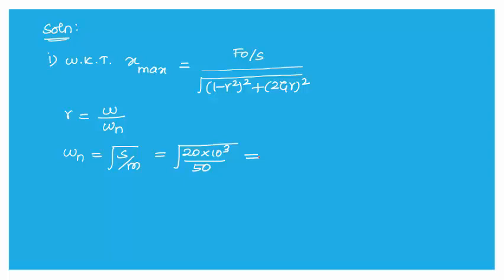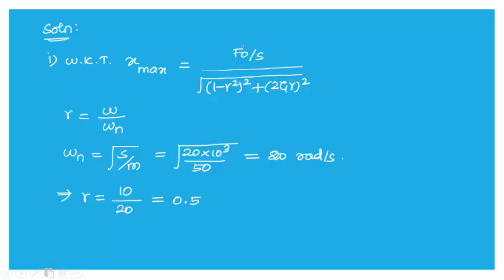By calculating this, we get the value of omega n as 20 radian per second. Then we can calculate the frequency ratio r by substituting omega as 10 radian per second and omega n as 20 radian per second. So the r value will be 0.5.